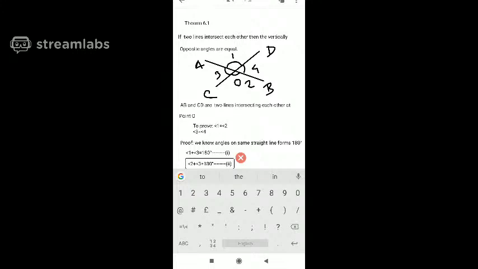Now you can see 1 plus 3 is 180, 2 plus 3 is also 180. That means I can write 1 plus 3 is equal to 2 plus 3, because both are equal to 180.